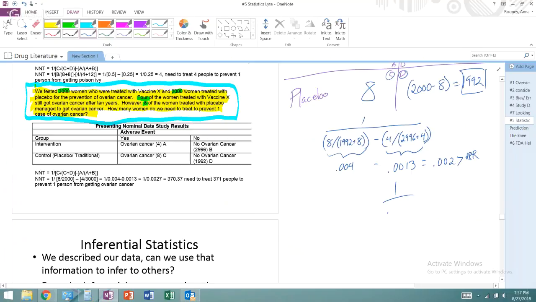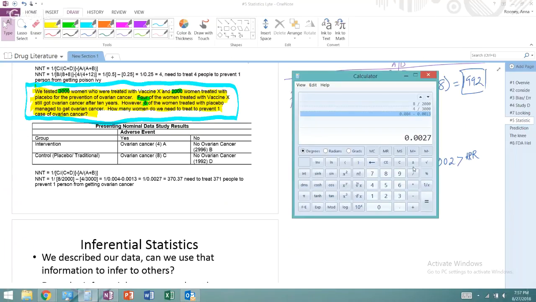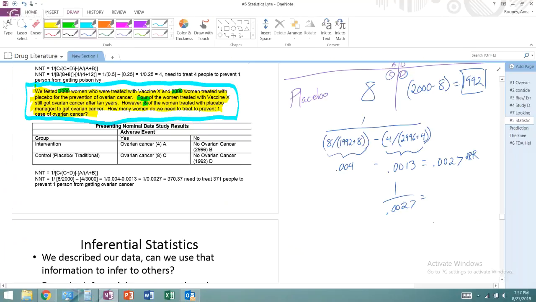So 1 over 0.0027 is equal to, I know it's over there, ignore that it's over there. So it will be 370.37. Well, there's a problem with this because you can't have this on the end.